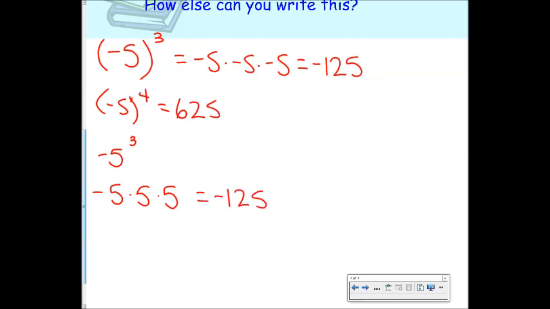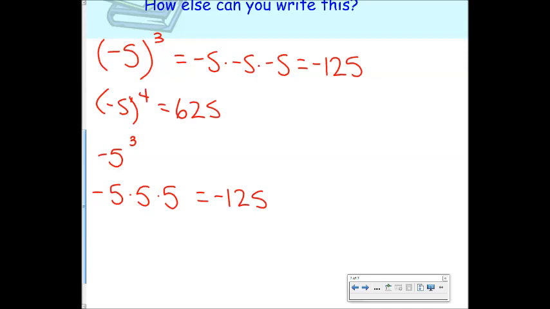If there are no parentheses, only the 5 is repeated, not the whole thing. Parentheses hold stuff together, so the whole thing is repeated 3 times, whereas down here, only the 5 is repeated, and the negative just stays in front. Since there's only 1 of them, your answer ends up being negative always.